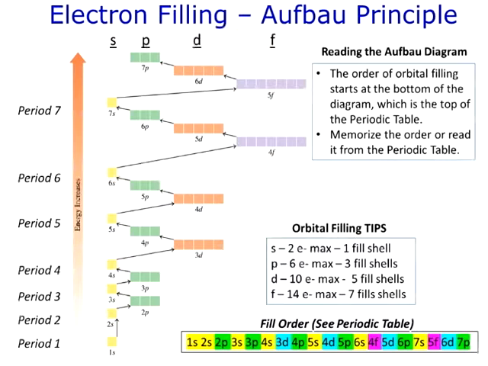The S orbital can hold a maximum of 2 electrons, which means it will have one filled shell, one line, one box, one circle, one oval. The P can hold a maximum of 6 electrons, therefore it will have 3 filled shells, 3 filled spaces. D can have a maximum of 10 electrons, therefore it will have 5. And F can fill a maximum of 14, therefore it will have 7.